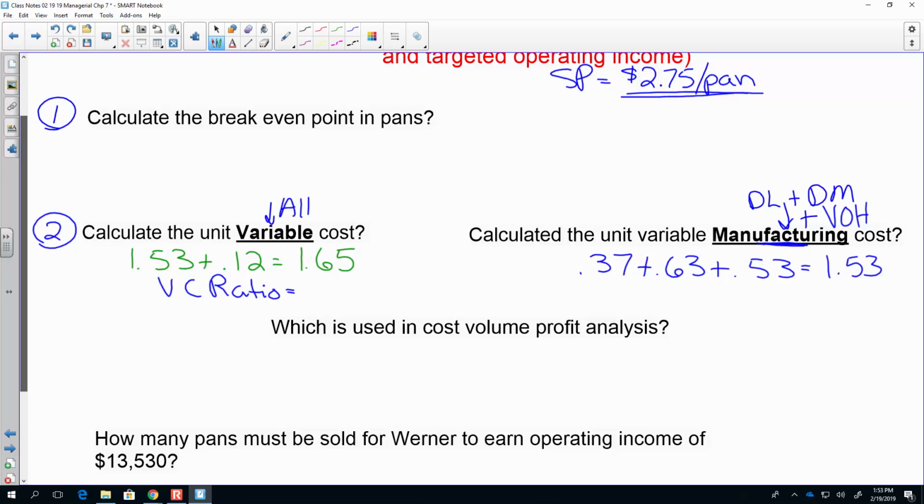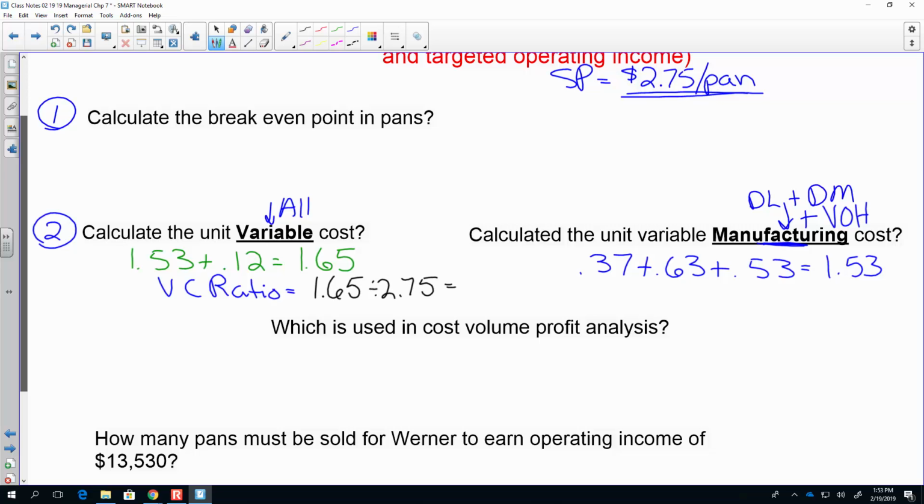Would it be the 12 over the 165? No, it won't be. It's $1.65 divided by 275. Exactly right. Very good.